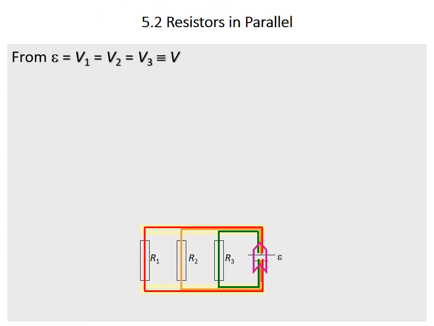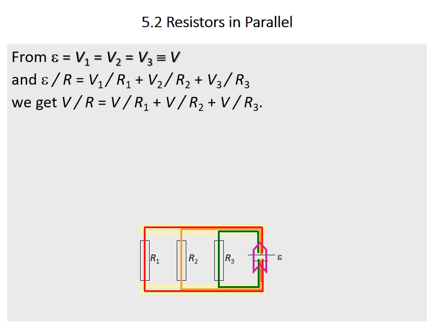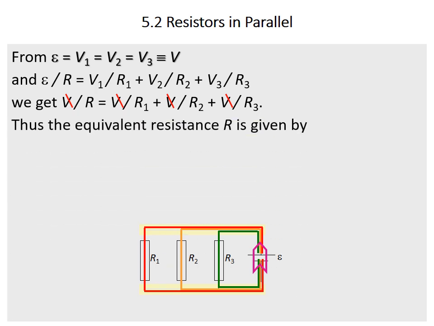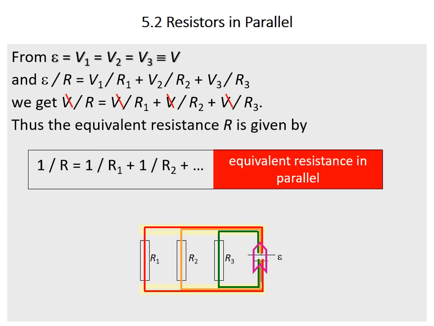Because the voltage is the same across each of the resistors, and each of those are identical to the cell, we get that V over R equals V over R1 plus V over R2 plus V over R3. We can cancel these voltages. They're the exact same. And we are left with the total resistance: 1 over R equals 1 over R1 plus 1 over R2, etc.